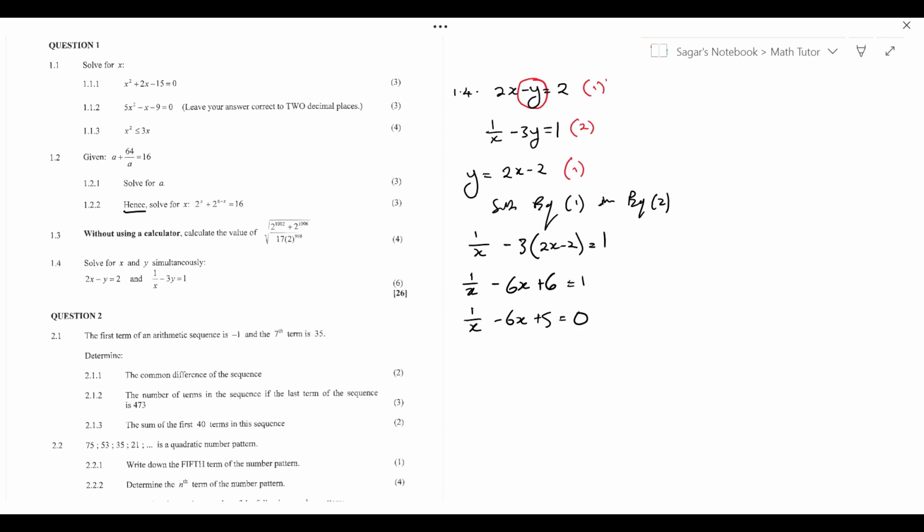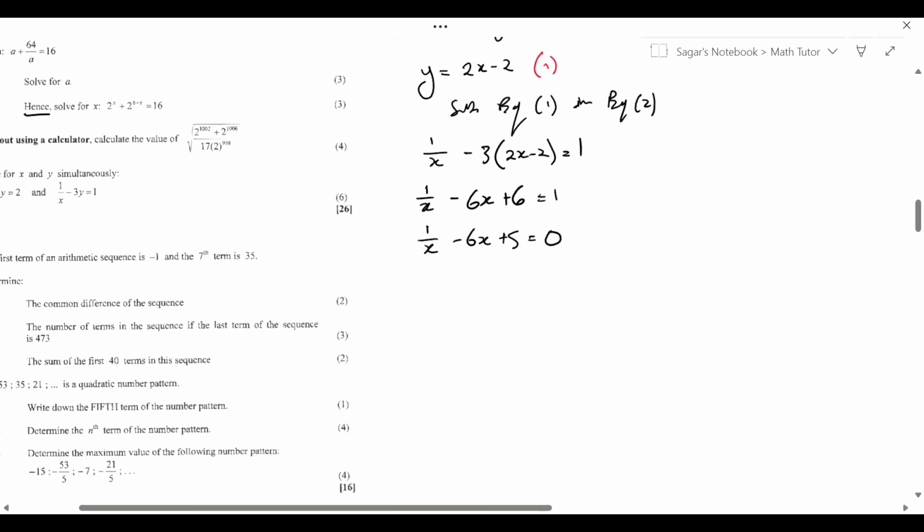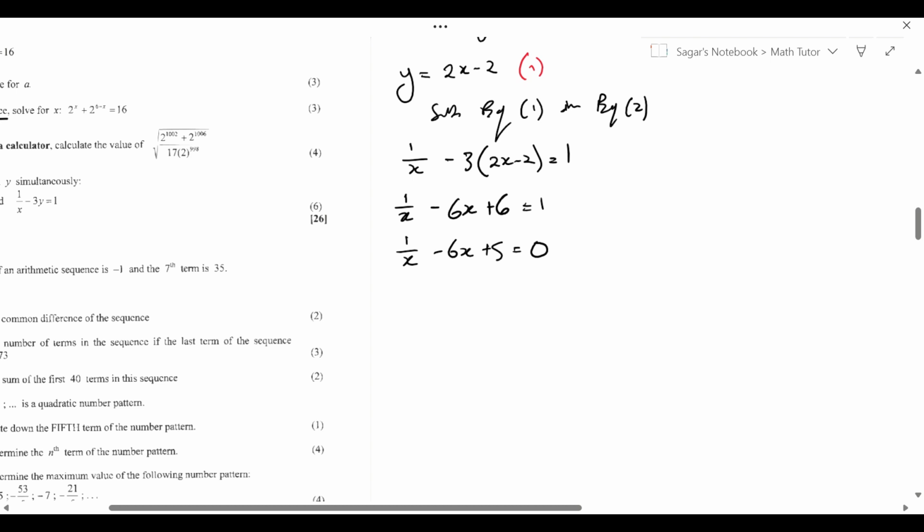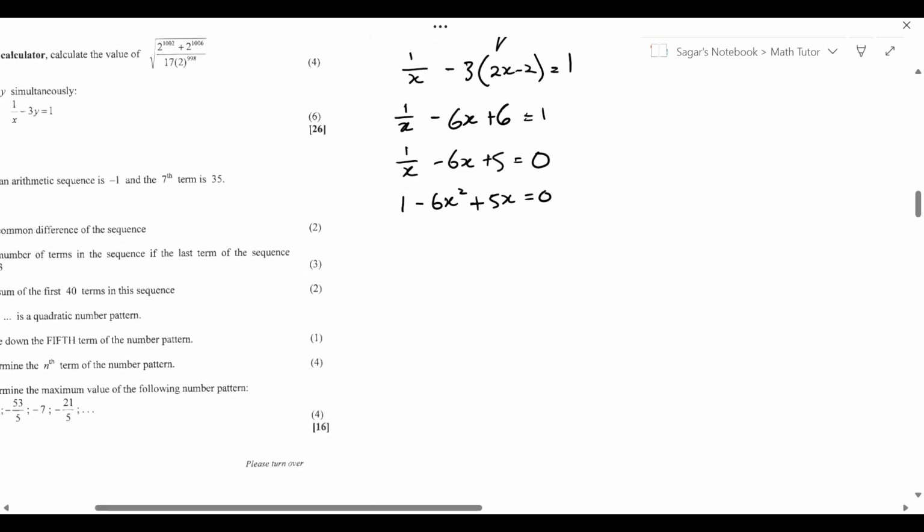I took the 1 to the other side, it becomes 6 minus 1 is 5. Then I want to multiply everything by x, just to standardize the format. Plus 5x equals 0. But we're still not in the form of the standard quadratic equation. So we have minus 6x squared plus 5x plus 1 equals 0.